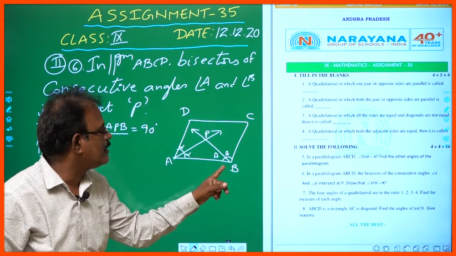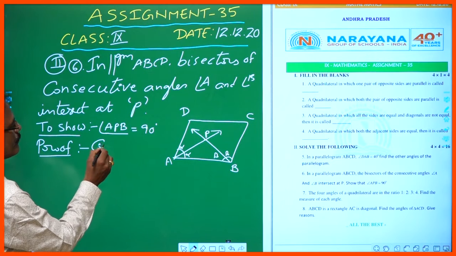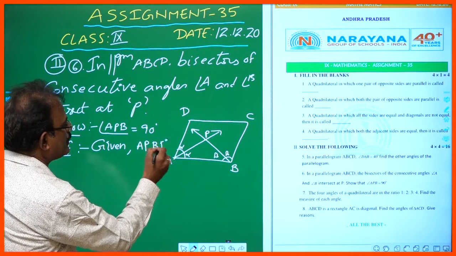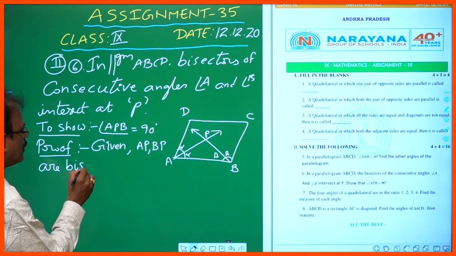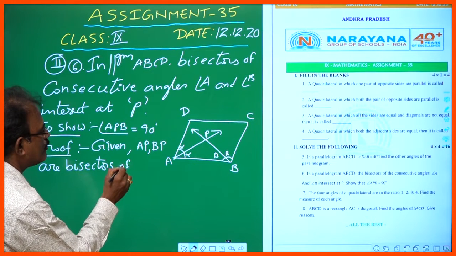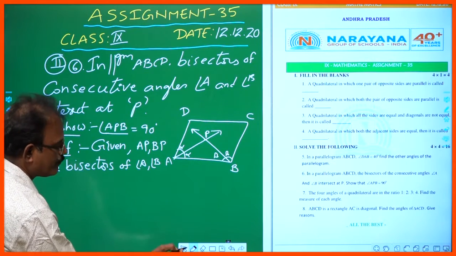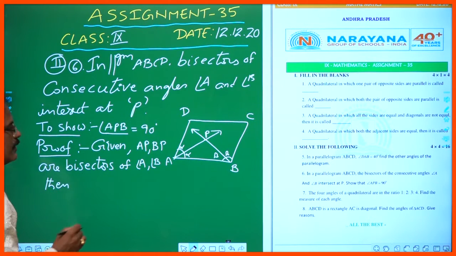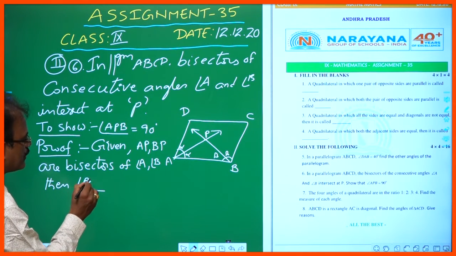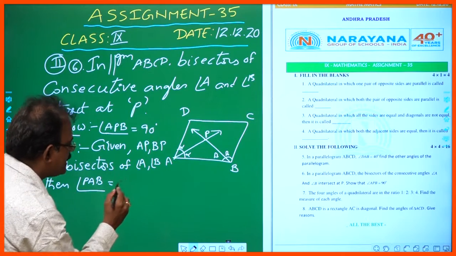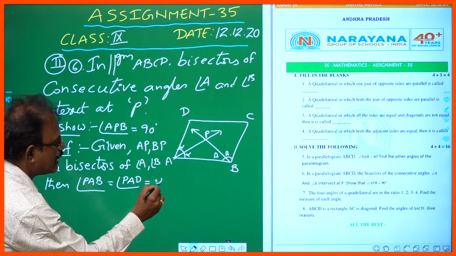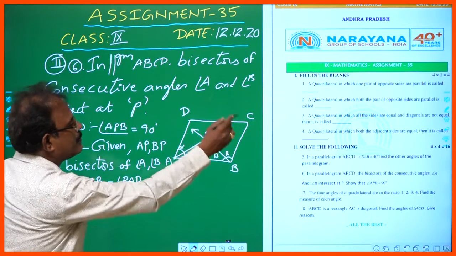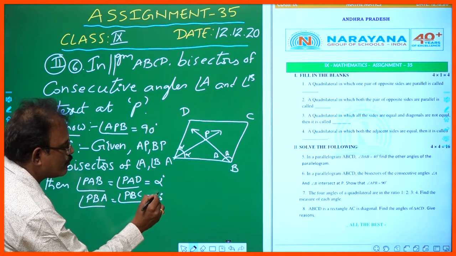See, as AP and BP are bisectors of angle A and angle B, given, then angle PAB is equal to angle PAD is equal to alpha, and angle PBA is equal to angle PBC is equal to beta.